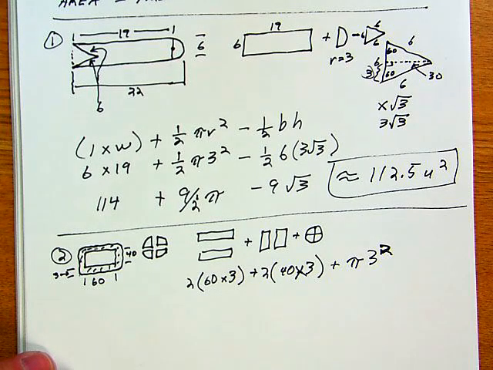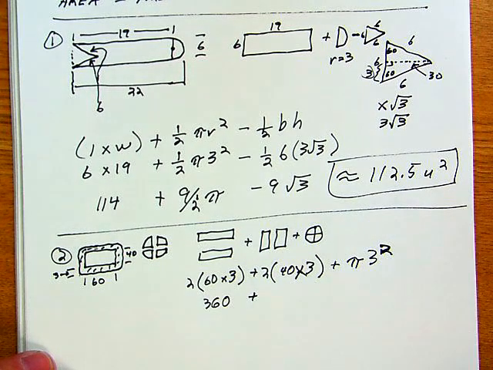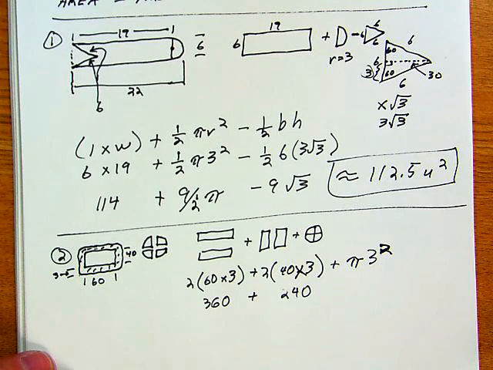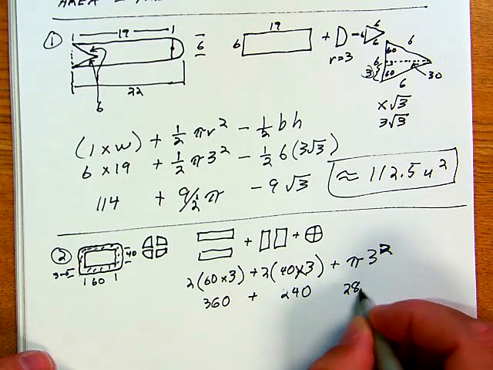Let's just do that. 2 times 60 times 3 is 360. Plus 2 times 40, which is 80, times 3, is 240. And 9 times 3.14 equals approximately 28.26.